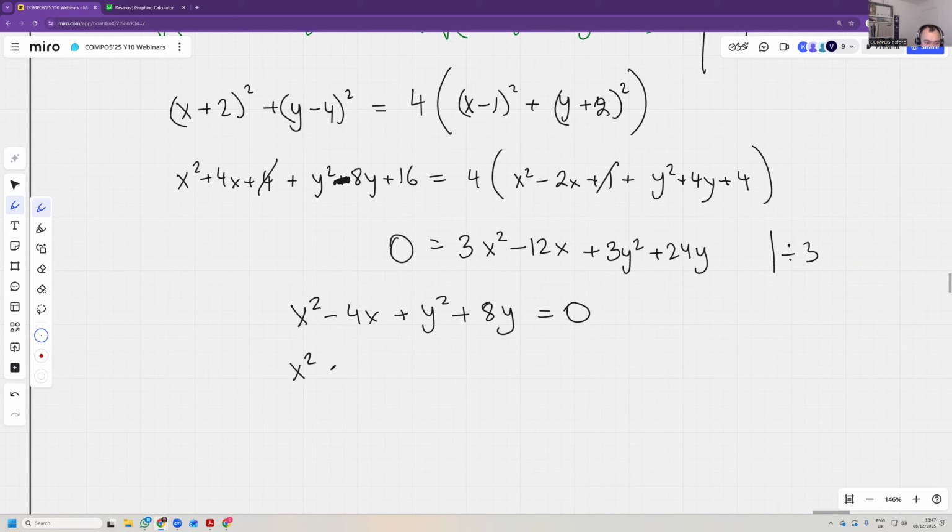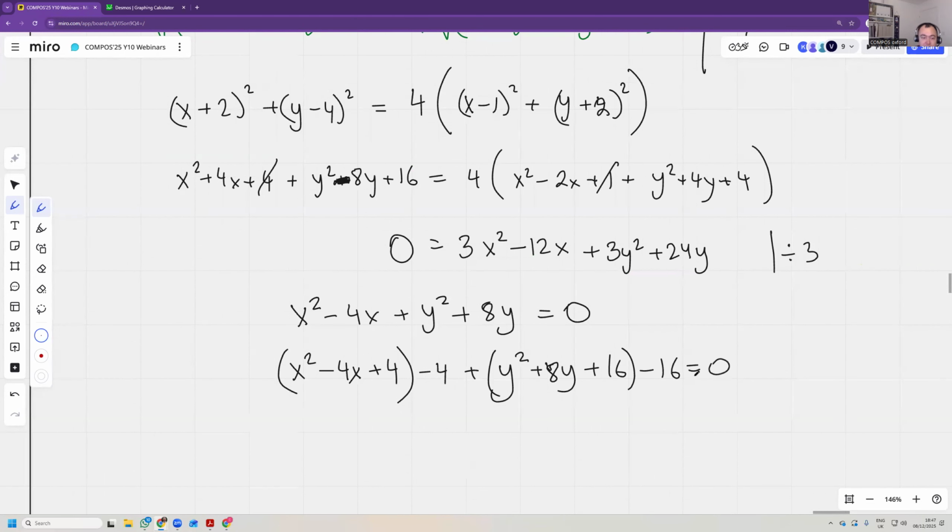We can write x squared minus 4x plus 4. That's what we need to complete the square. And then we're at minus 4. I hope you know how to complete the square, so I won't pause too much here. Y squared plus 8y plus 16 minus 16 equals 0.